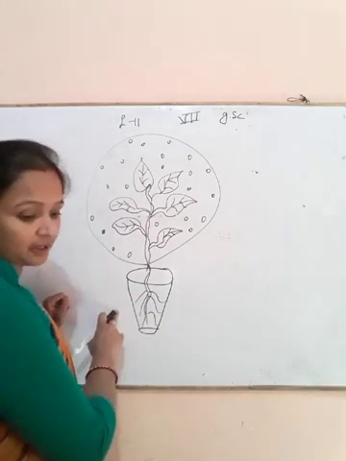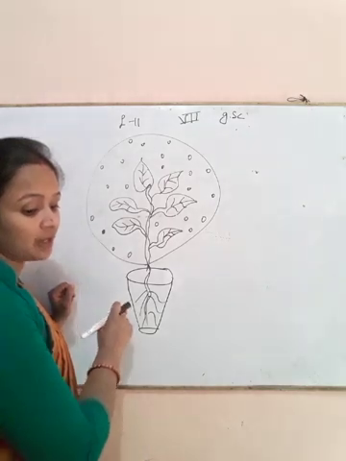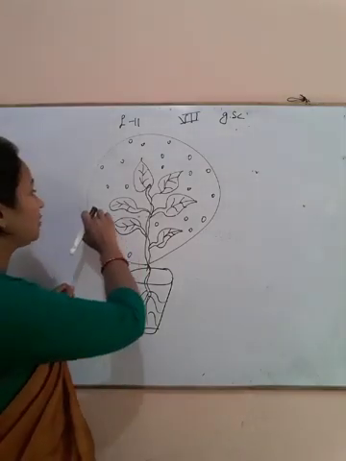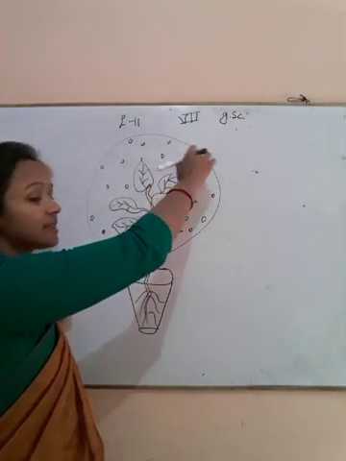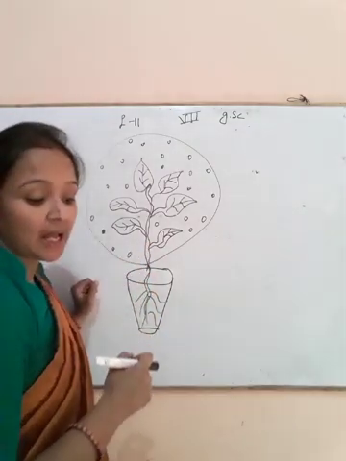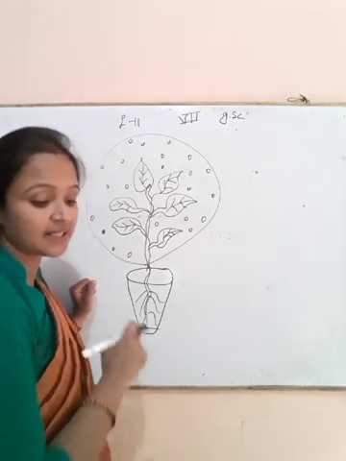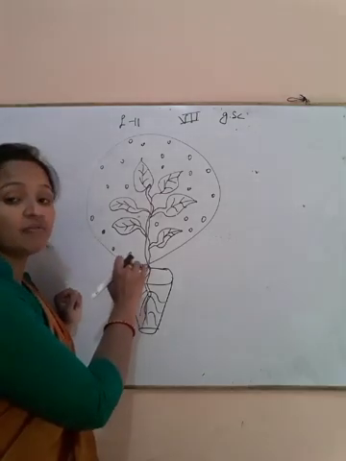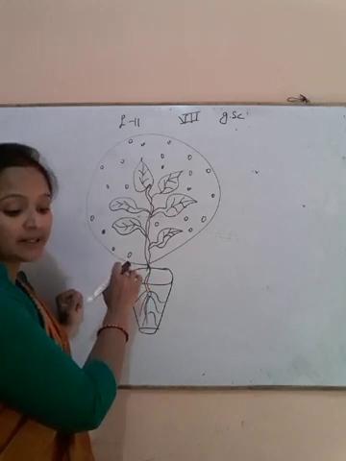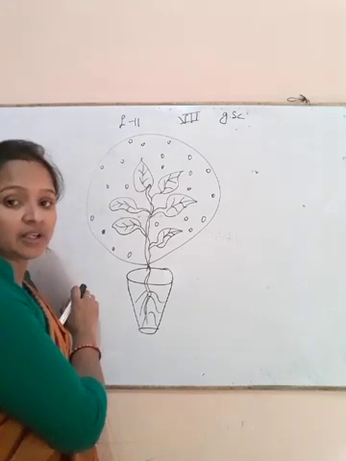What do you observe? Drops of water on the inside of the bag. You can see this clearly in the diagram. Water vapor transpired by the plant condenses as water droplets.